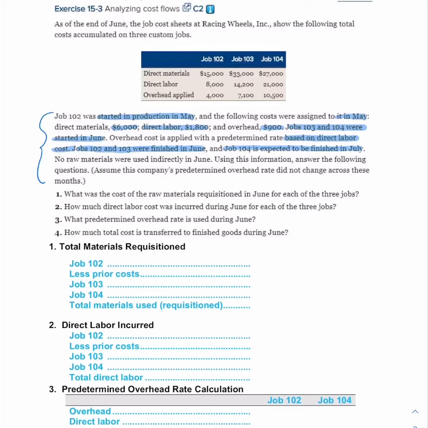So the very first thing that we want to look at here is for job 102. How many materials were requisitioned? Well, we've got $15,000 per our job cost sheet. But what we want to know is how much of that was requested for June. So if the entire job 102 has $15,000 in direct materials, but we started that in May, we're going to have to back out the portion from May.